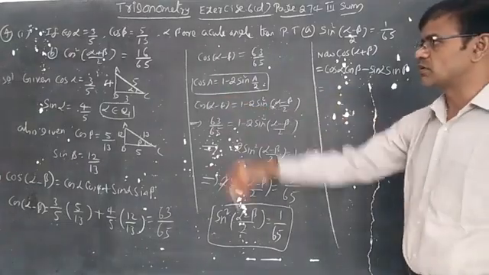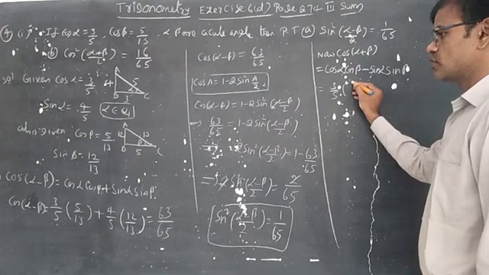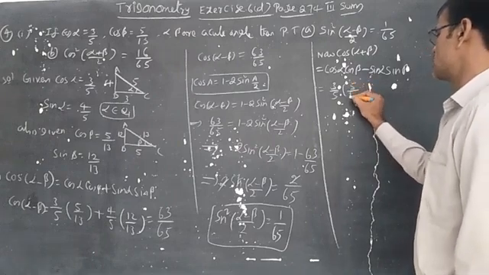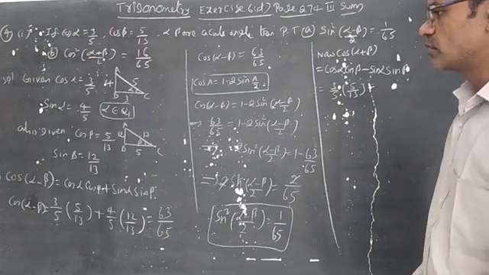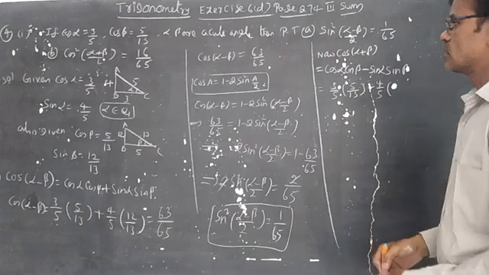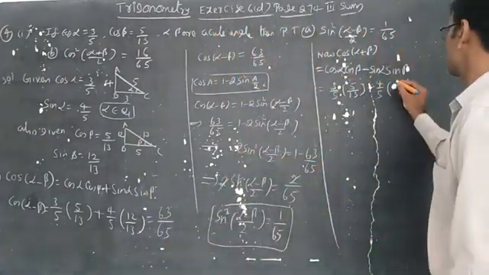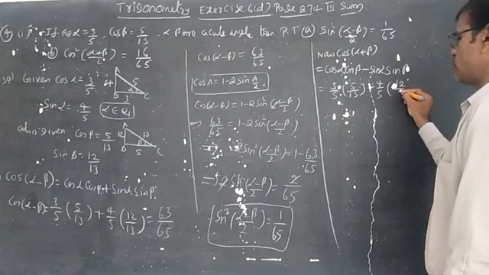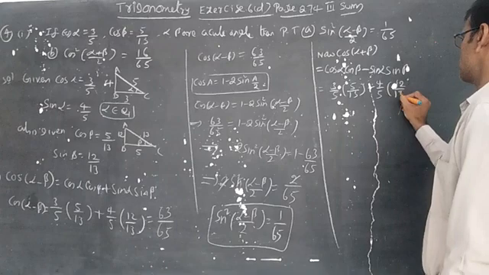Substitute the values we got there. Cos alpha meaning 3 by 5 into cos beta meaning 5 by 13, minus sin alpha meaning 4 by 5 into sin beta meaning 12 by 13.